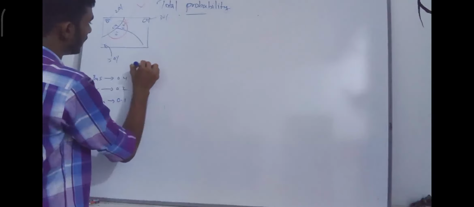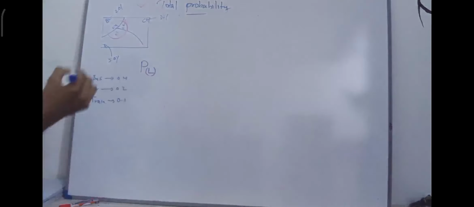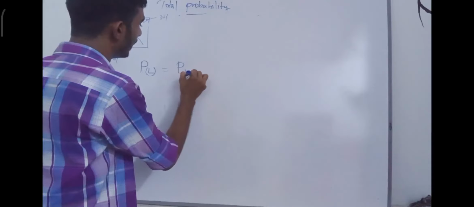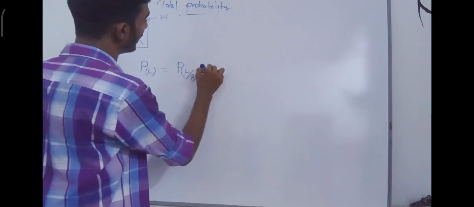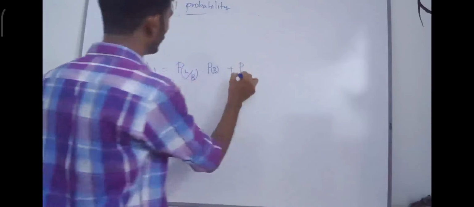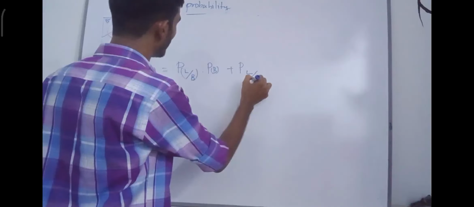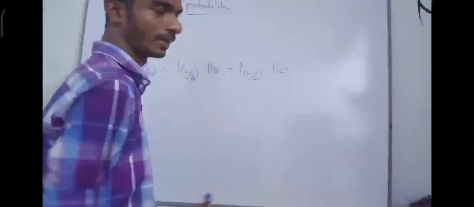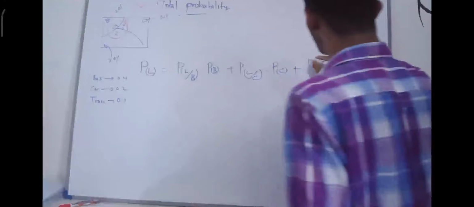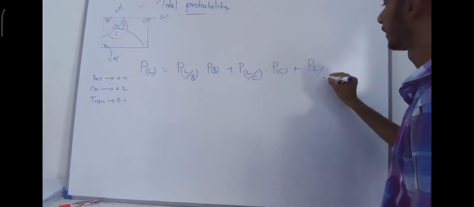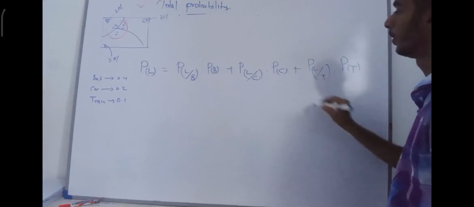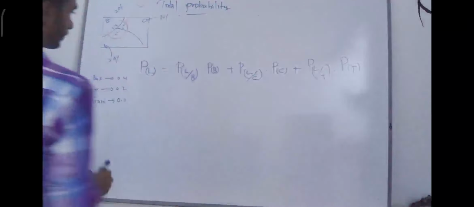Now I need to find the total probability of going late. It is equal to the probability of going late when he uses the bus into the probability of going by bus, plus the probability of going late when he takes the car into the probability of taking the car, plus the probability of going late when he takes the train into the probability of taking the train for going to his office.